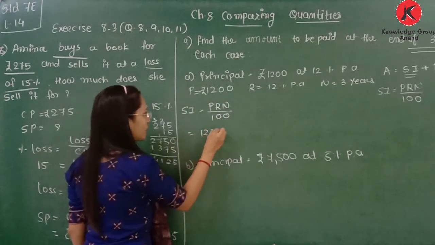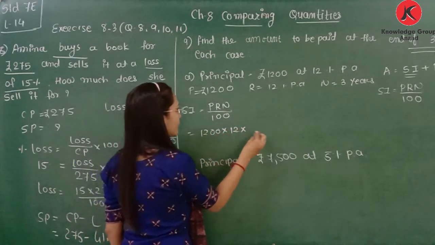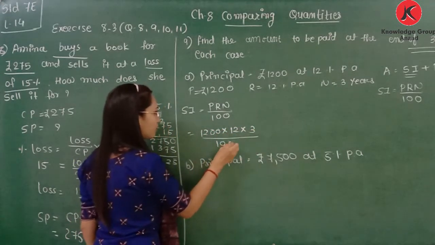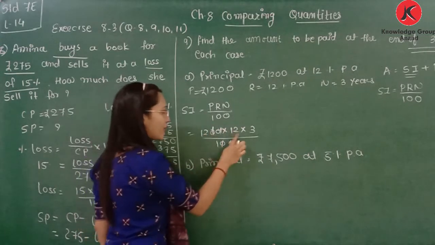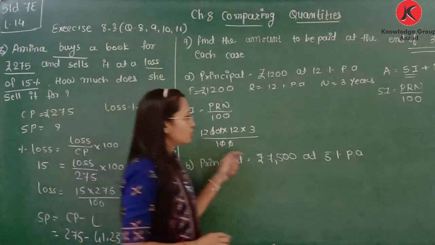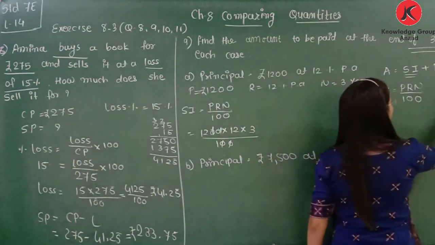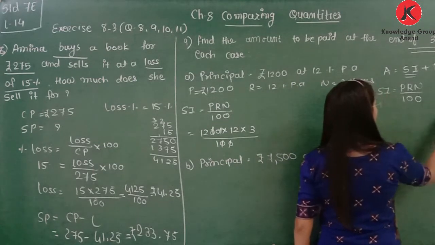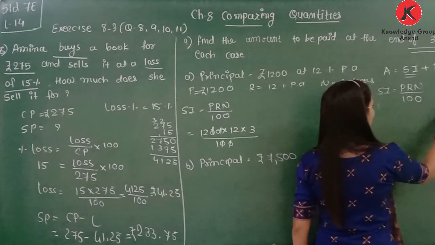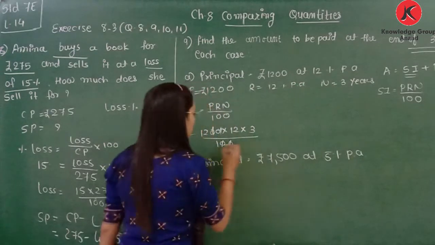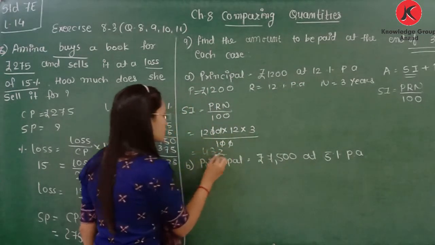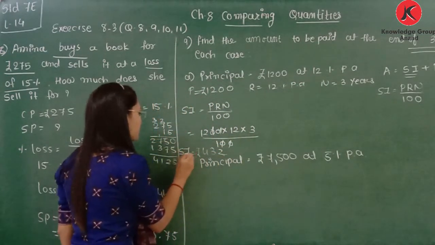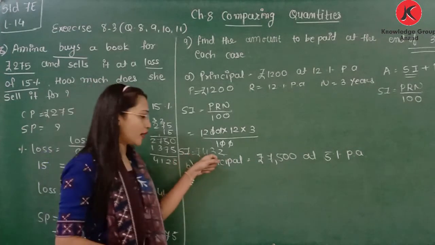P, that is 1200, rate of interest is 12 and N is 3, divided by 100. So multiply 12 and 12, that is 144, with 3. So that is 432. This is what? Our simple interest. Simple interest is 432.